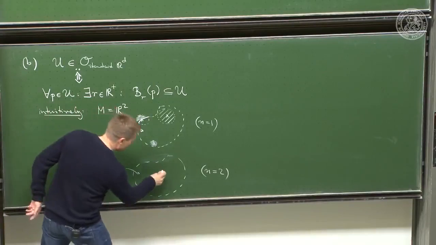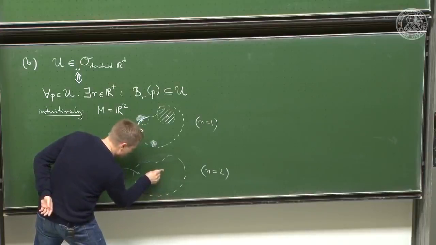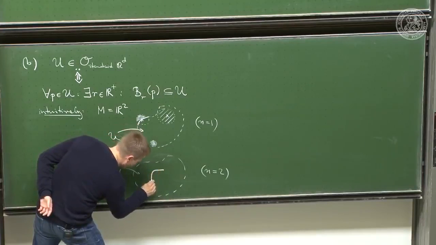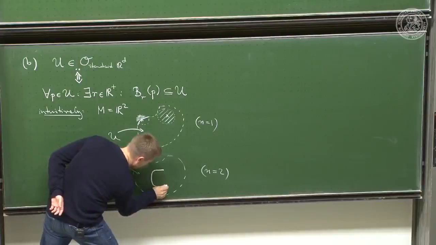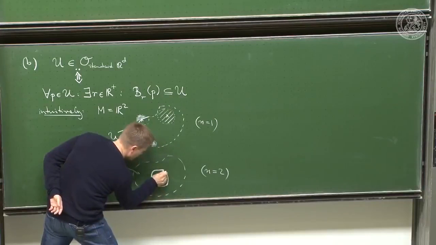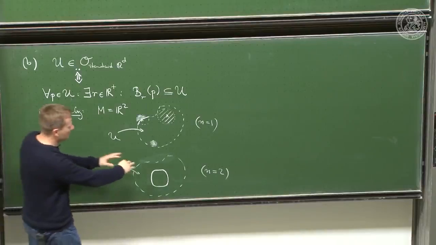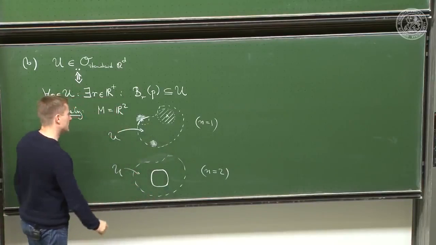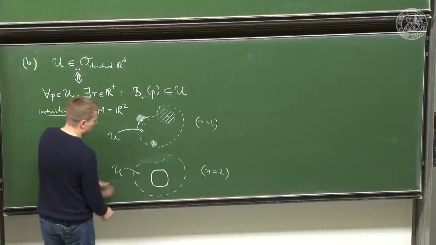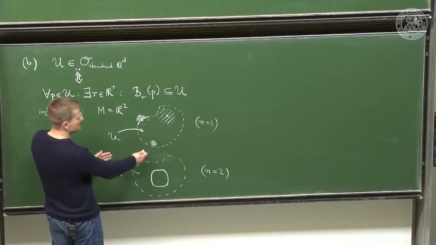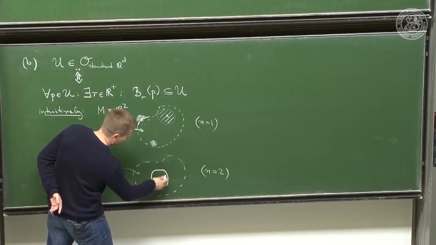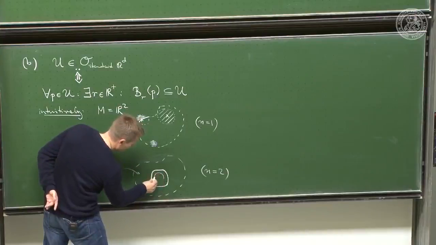Well, they look a little bit like the screens of old TV sets. They're not square, they still have these round corners. That's n equals 2.